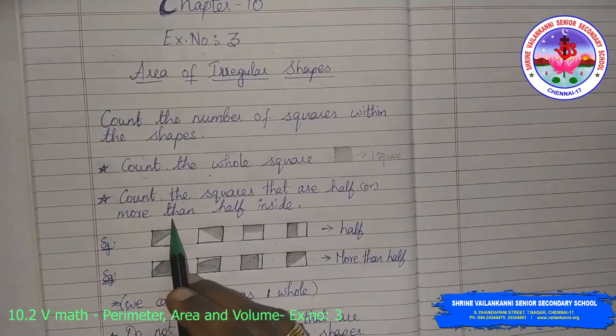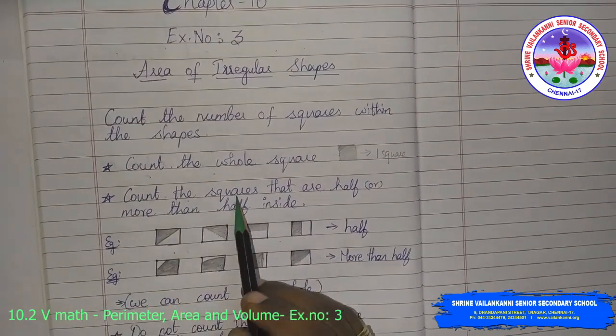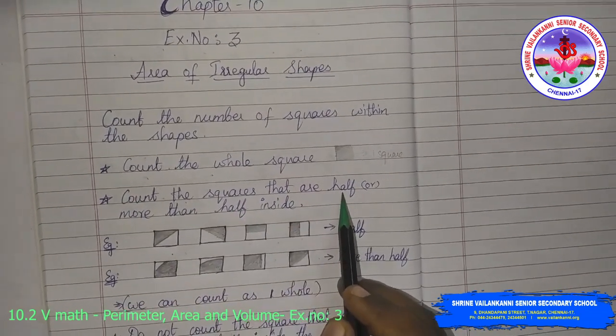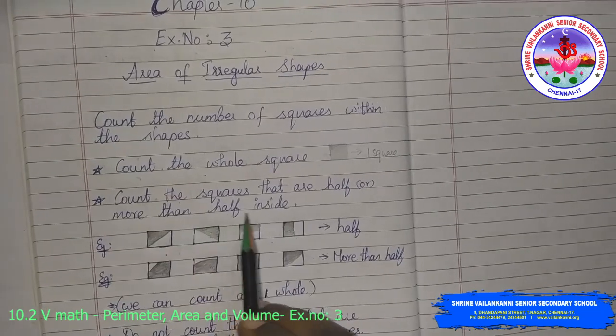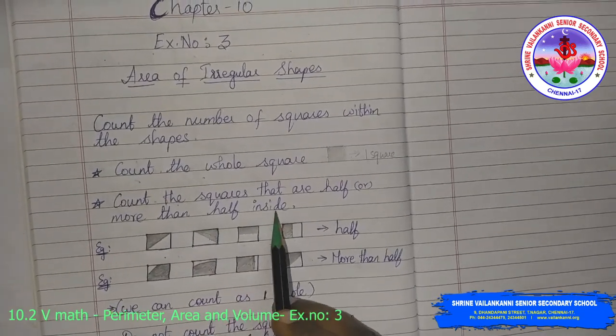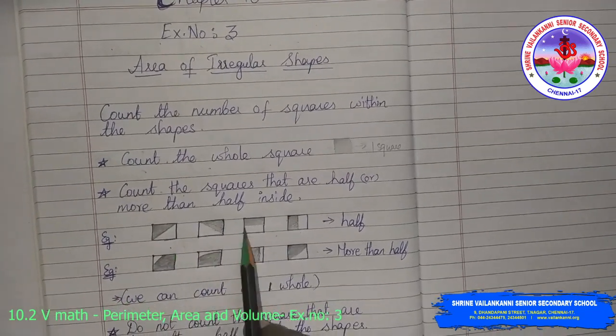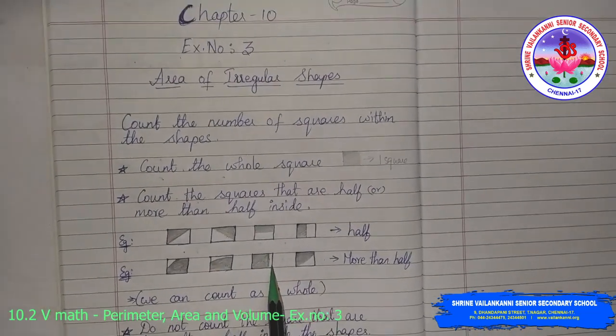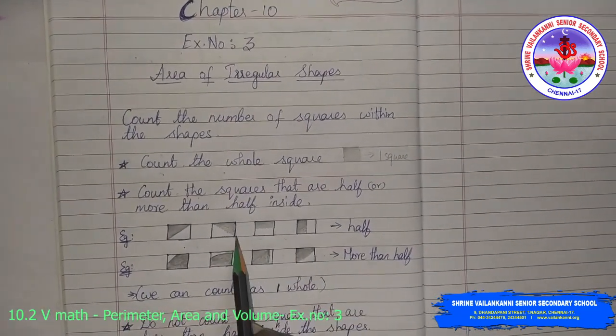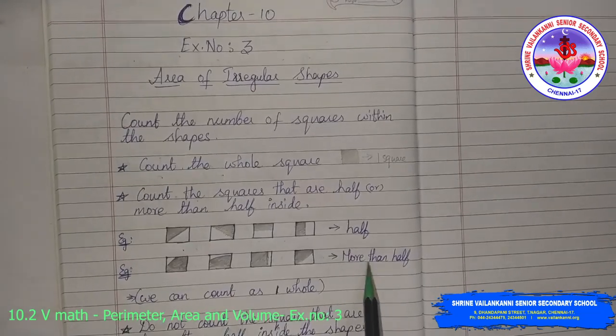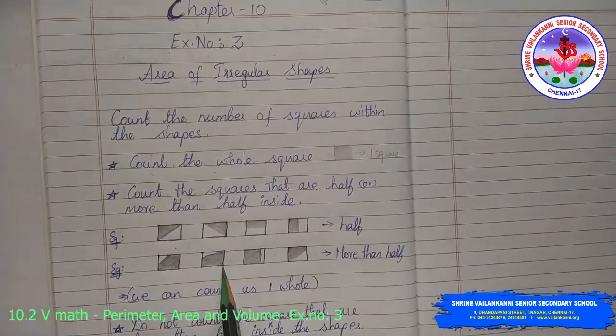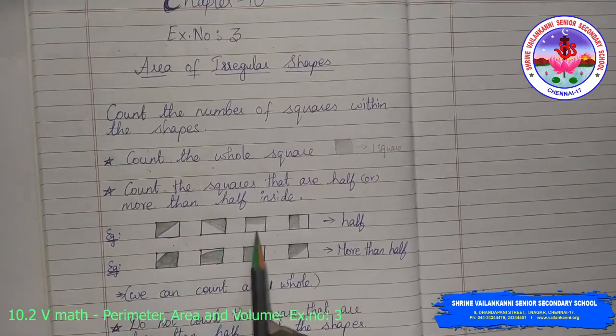The second rule: count the squares that are half or more than half inside the irregular shape. I have given some examples of half-shaded squares and more-than-half-shaded squares.